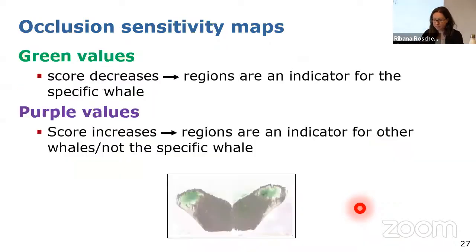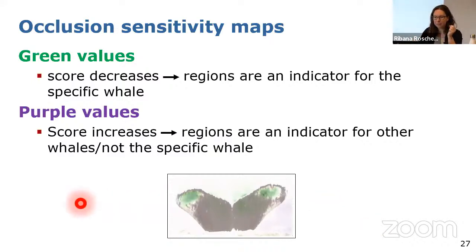So what is the result? This is a heat map with a little bit different colors. In this case, we illustrated it in green and in purple. Green values mean that the score decreases after you applied the occlusion. So these regions are an indicator for a specific whale. If you cover it up and the score decreases, it means, oh, that was important, so it was bad that it's covered up.